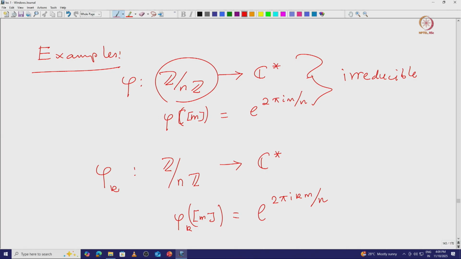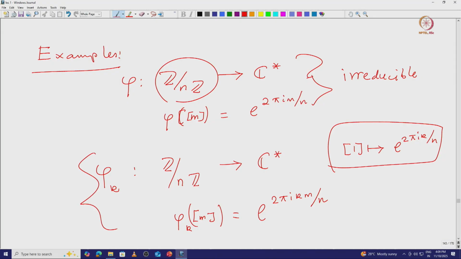Basically the generator 1 is mapped to e^(2πik/n), and the group homomorphism is determined by using this map. I will leave it as an exercise. This indeed gives us a one dimensional representation, and this is also irreducible.